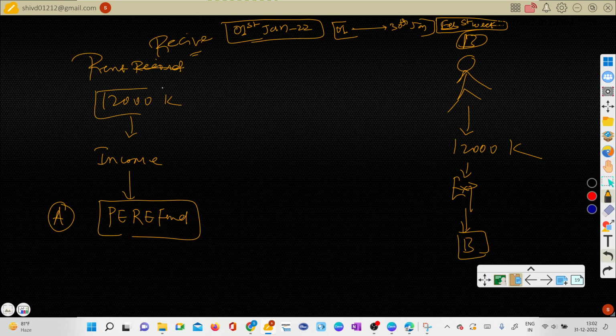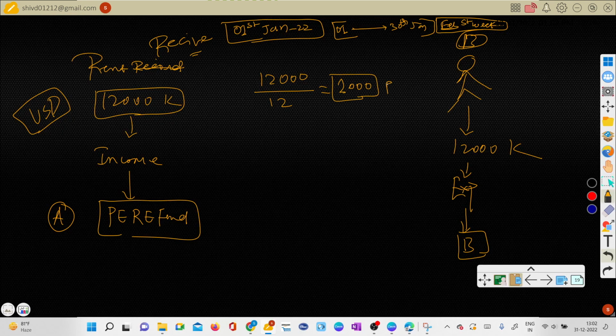You don't need to put much of your time to calculate, okay? 12K means 12,000, let's say USD. 12K is for 12 months, so it would be 1,000 per month, right? So here B will treat it as an expense, and the same amount the private equity fund will treat as income. But if you see, this income is earned at the end of the January month or in the Feb month.